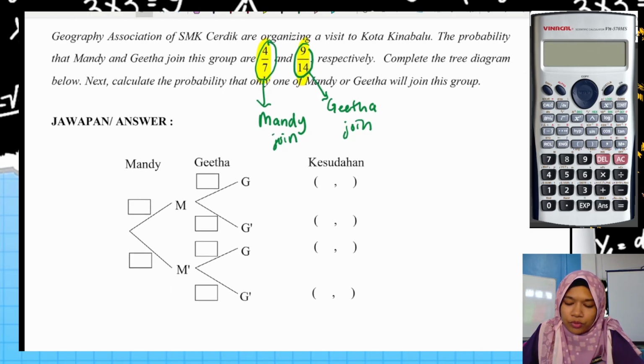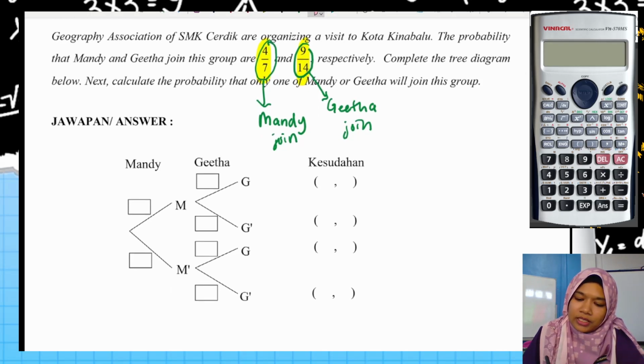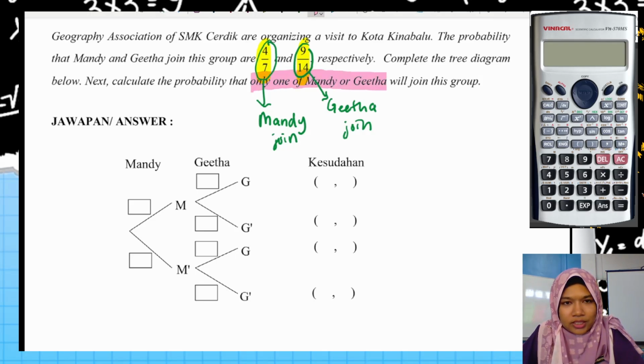Next, calculate the probability. Apa yang dia nak ni? Only one of Mandy or Gita join. Okay, maksudnya salah seorang. Probability only one. Dia pun dia bergaduh lah kot, kan? Maksudnya Mandy join, Gita tak join. Alright. Okay. Only one of Mandy or Gita join.